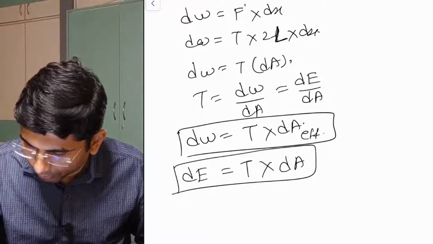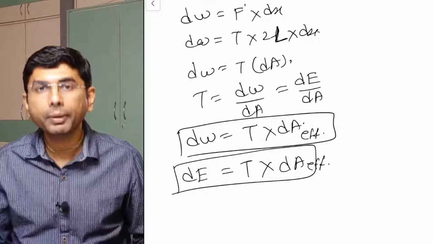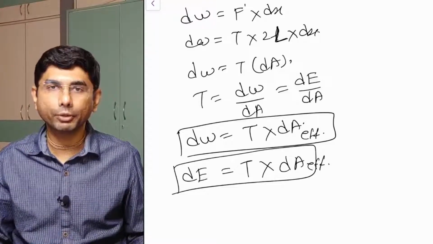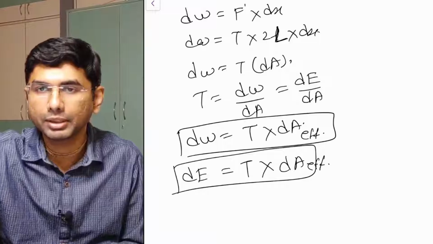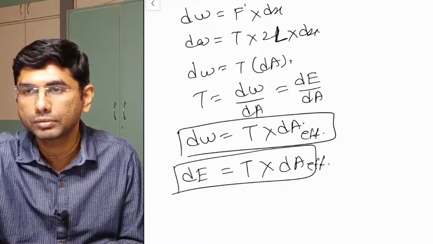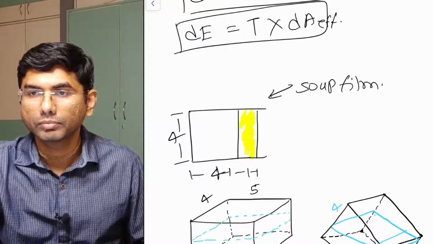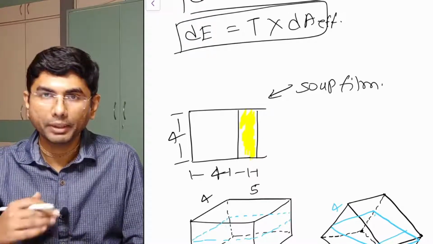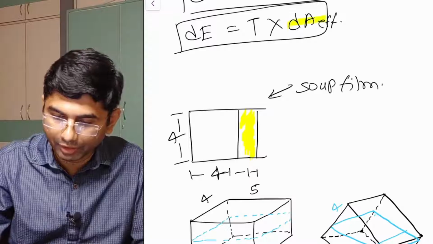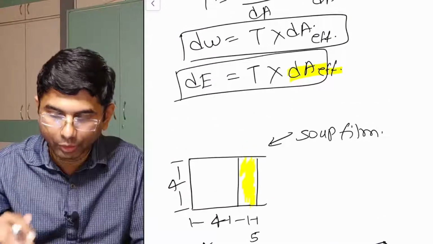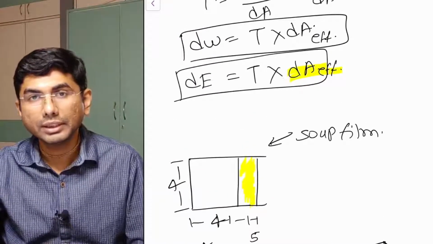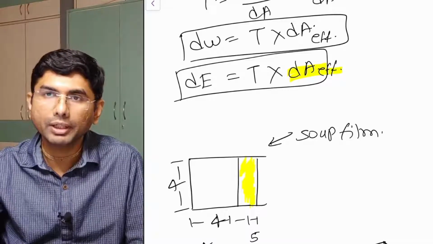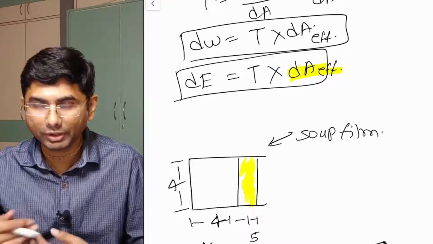It depends on the situation they give us. We'll consider some examples to see how to find the change in effective area. Work done is tension into change in effective area, and energy released or absorbed is also tension into change in effective area.